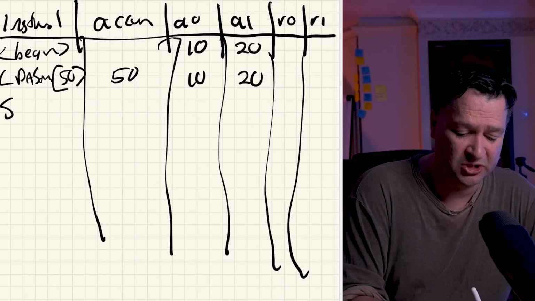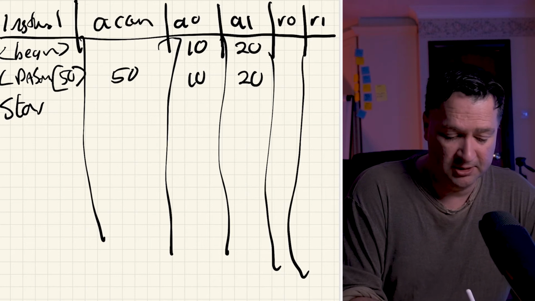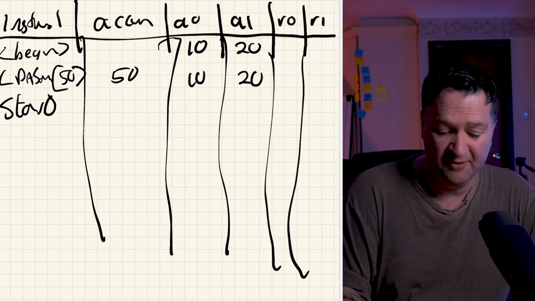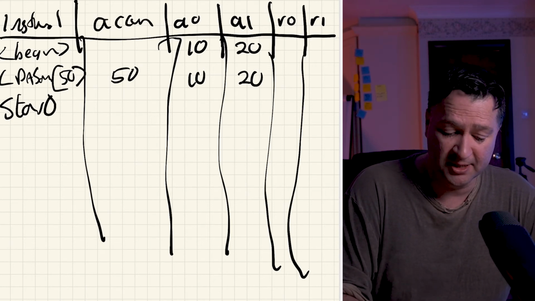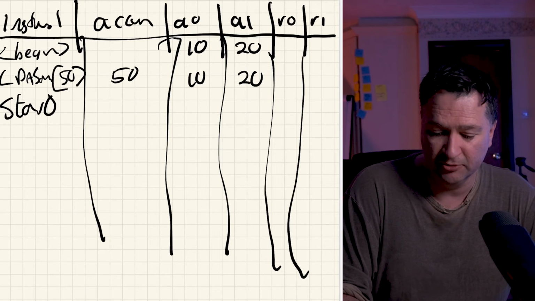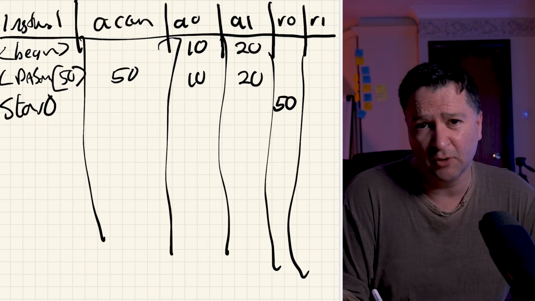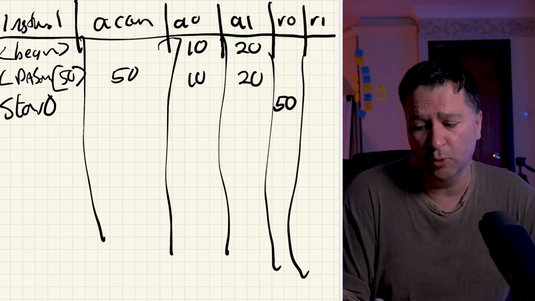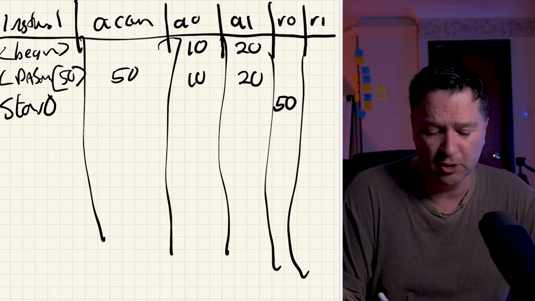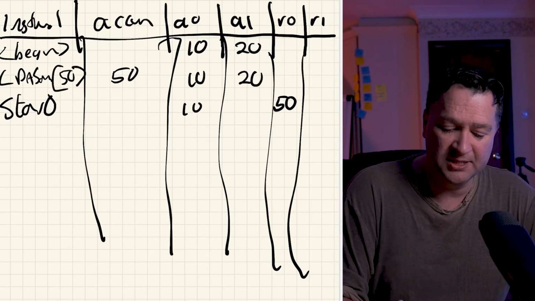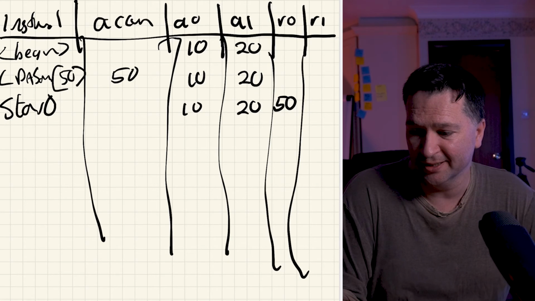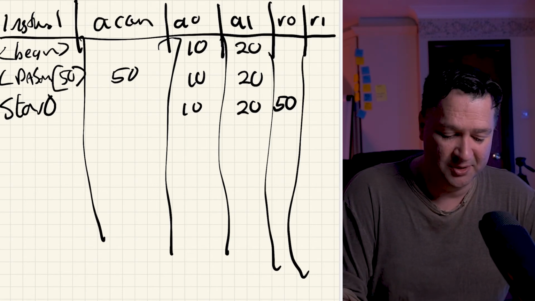So that's Star 0. 50 is currently in the accumulator, so that's going to be stored in R0. And of course, R0 is a direct mapping to our constant N1 in the JavaScript that we created earlier. A0 is still going to be equal to 10, A1 is still going to be 20, and our accumulator at this point is still going to be 50.